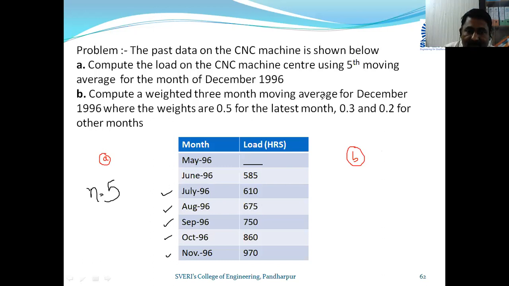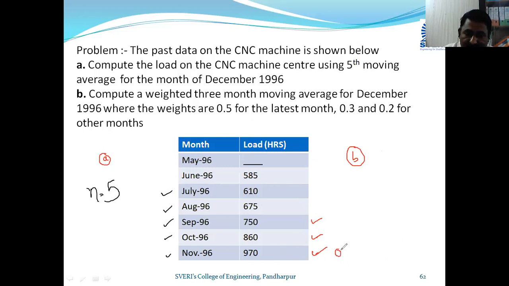The weighted 3-month moving average for December. So let us take the 3 months from December. This is 1, 2, 3. I will go in reverse order, where the weights are 0.5 for the latest month, and 0.3 and 0.2 for the other months. The latest month, if you consider December, will be November.